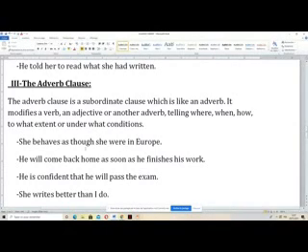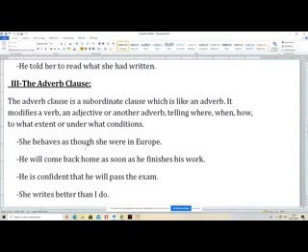It is introduced by "as though," which is a subordinating conjunction. The adverb clause plays the role of an adverb of manner, modifying the verb behave.